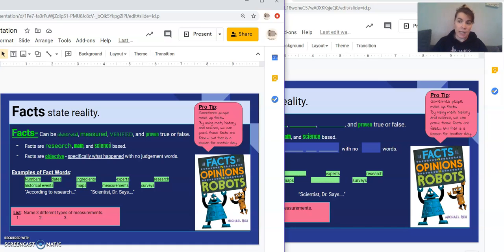So if I say a fact about the Civil War, I can't observe the Civil War because that was a long time ago. I can't measure the Civil War because it's an event.